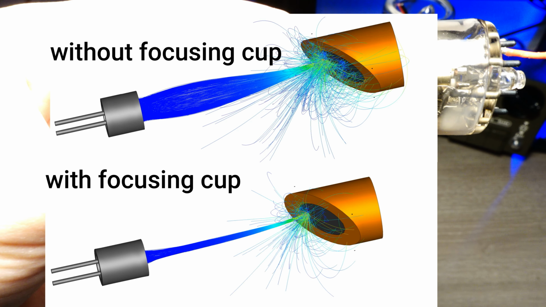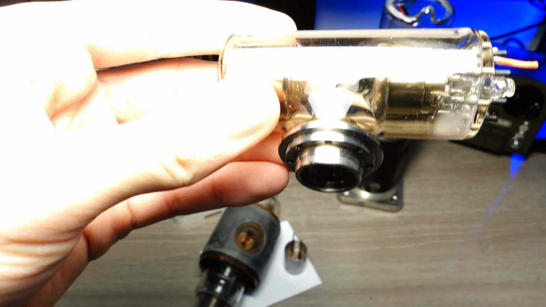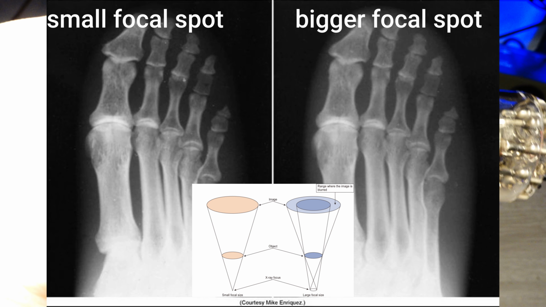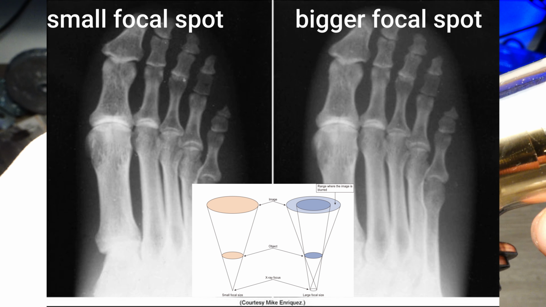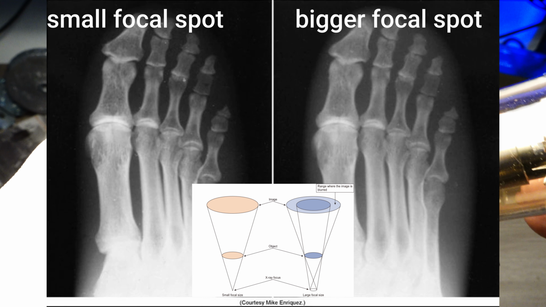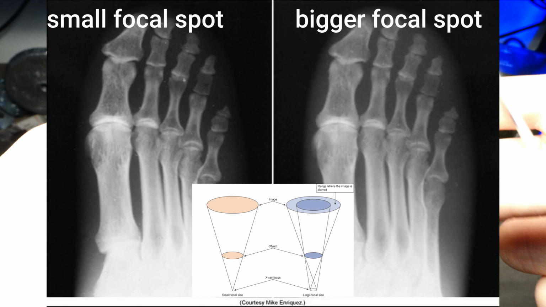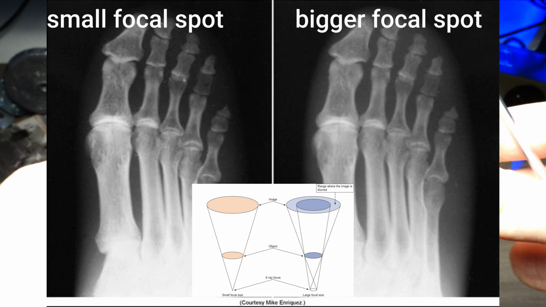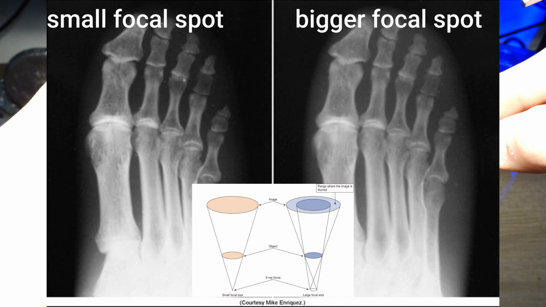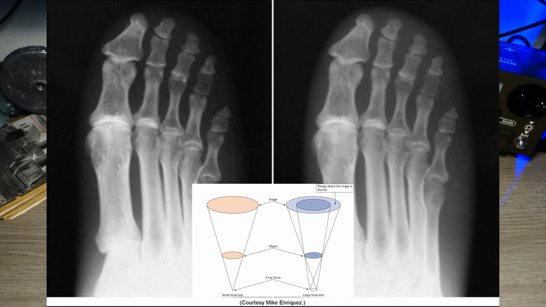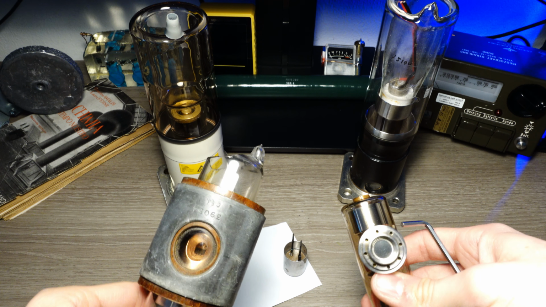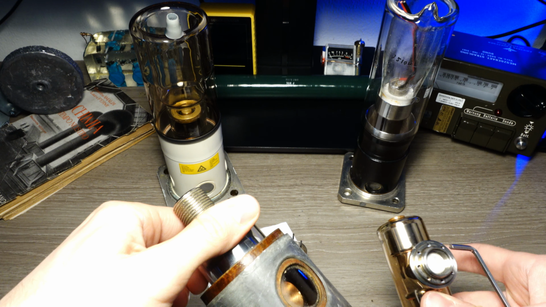You can increase the definition and see finer details, because the X-rays will be generated in a smaller spot onto the anode, and so they will have better spatial definition.